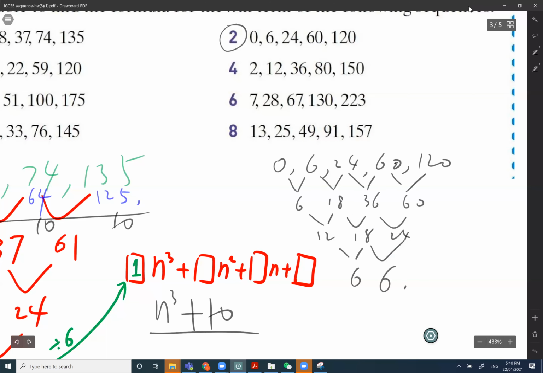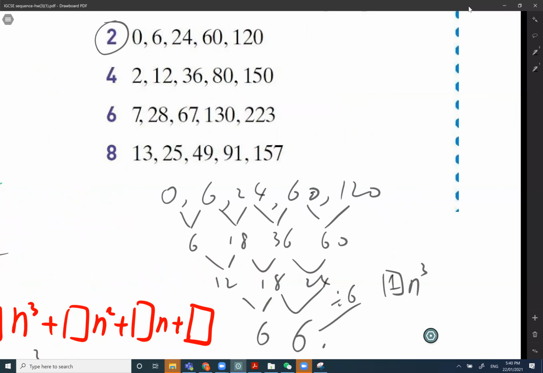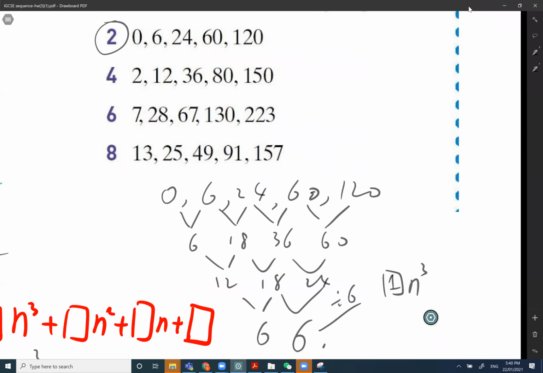They are 6, which means inside this sequence we have a part of cube numbers. Divided by 6, we get the number in front of n cubed, which is just 1. We got n cubed. Next step, we minus the cube number from each: -1, -8, -27, -64, -125.